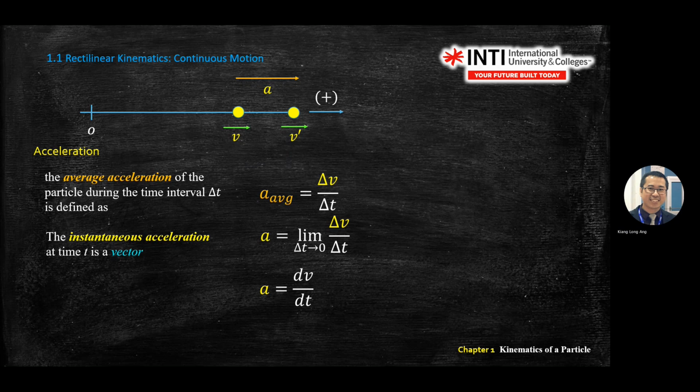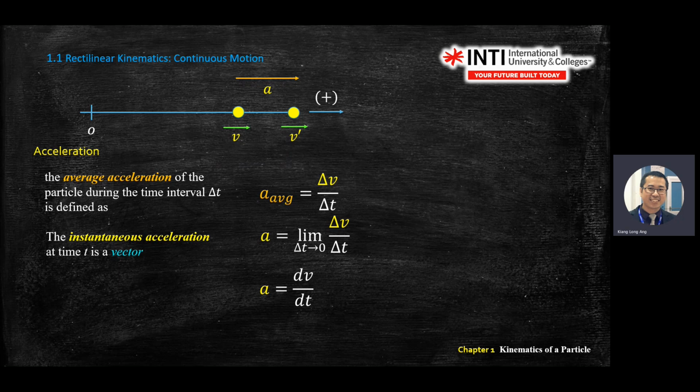It's ds/dt. Then dv/dt is the differential equation, so you get d squared s over dt squared. It means you differentiate this equation 2 times. You take the s equation, differentiate 1 time, 2 times, and you get acceleration.